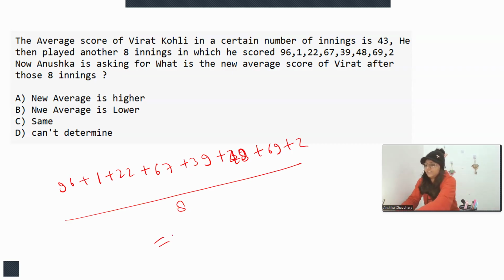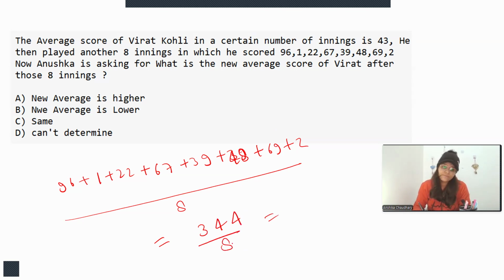Let me check what the total is, because it will take time to identify. So the total will become 344 upon 8. If we divide, it will become 43. So the answer will be 43.